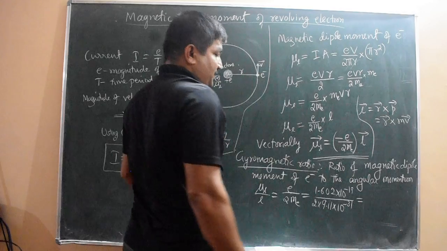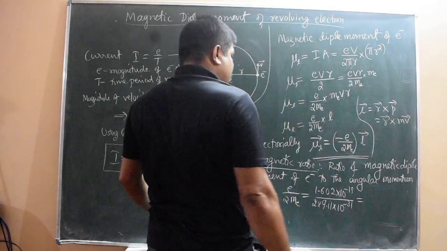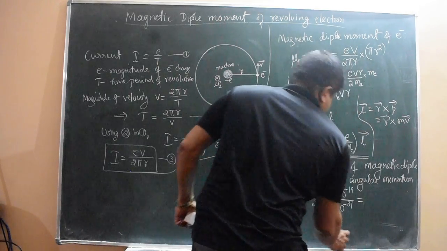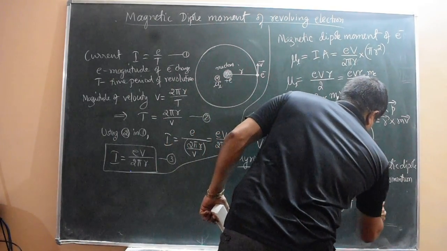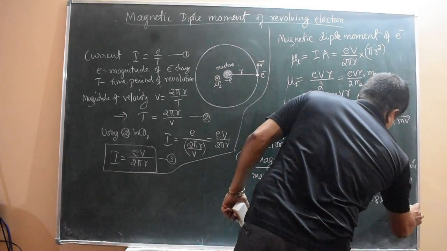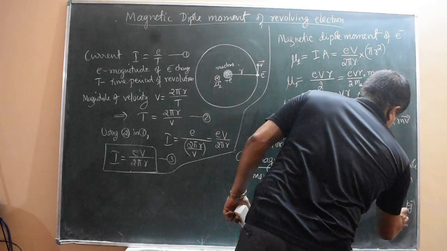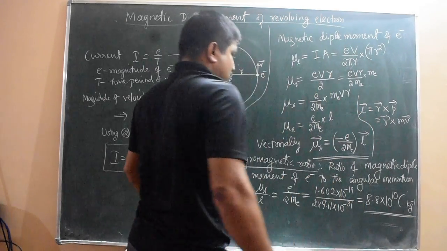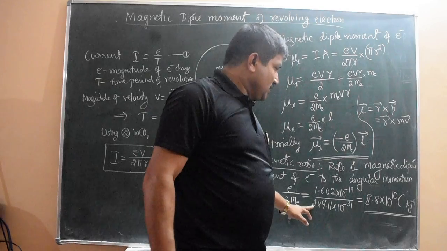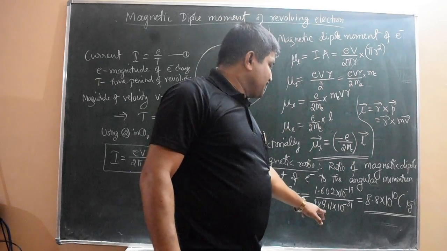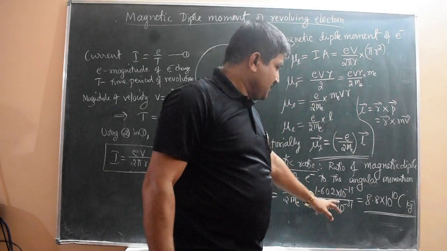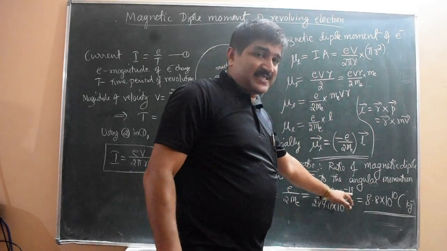When you calculate 1.602 divided by 2 and divided by 9.11, it becomes 0.088, and the power of 10 will be plus 12.